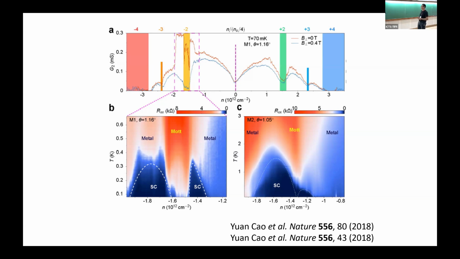And then, of course, that made a lot of people very excited about this. There's a similar thing happening at filling factor 2, and there were already then signatures of correlated phases at filling factor 3, so odd filling factor. None of these would have happened in the single particle picture.